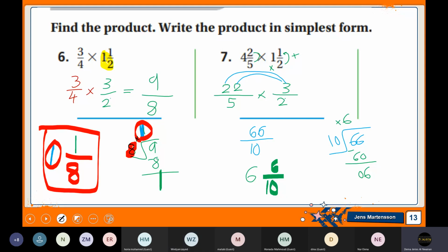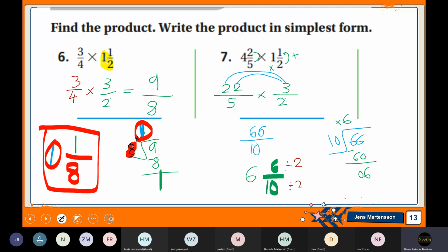Yes, so you will divide it by 2. And 10, is it an even number? Yes, so you will divide it by 2. If the numbers are even, that means you can divide them by 2.